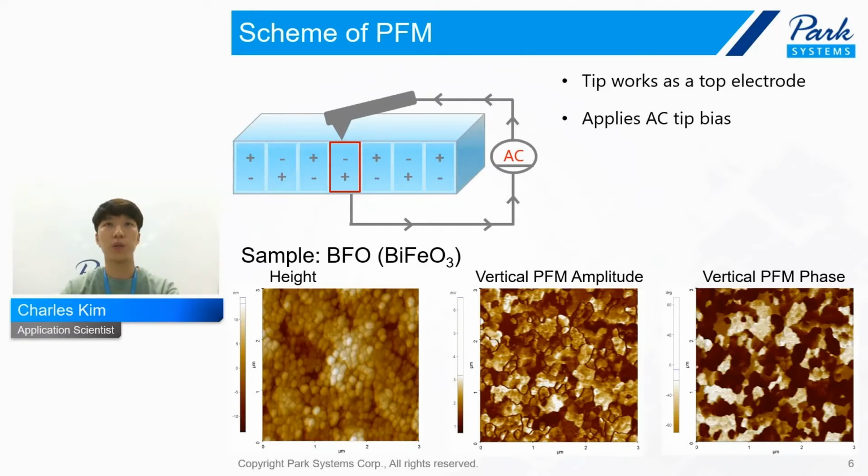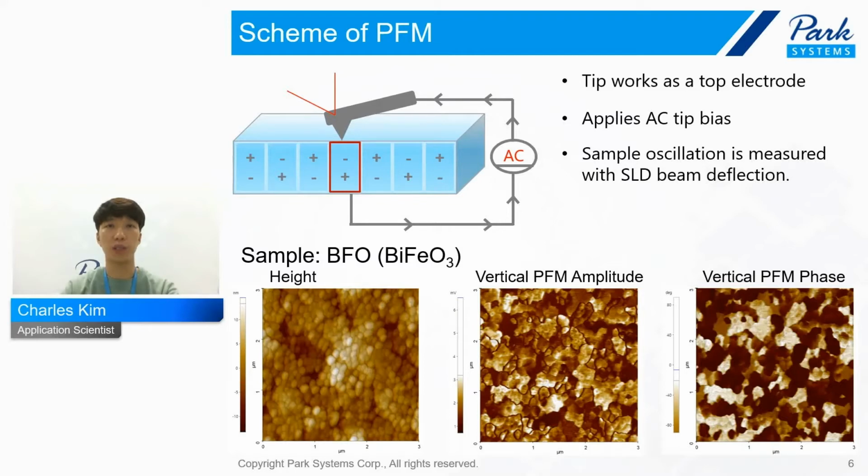And then we need to apply the external voltage between the tip and the sample bottom. In this case, for the PFM measurement, we use an AC voltage as the tip bias to increase the signal sensitivity.